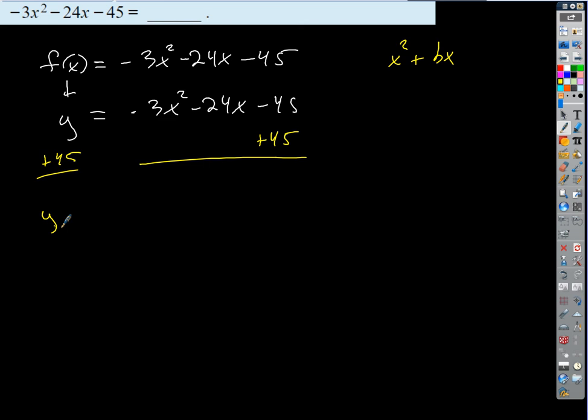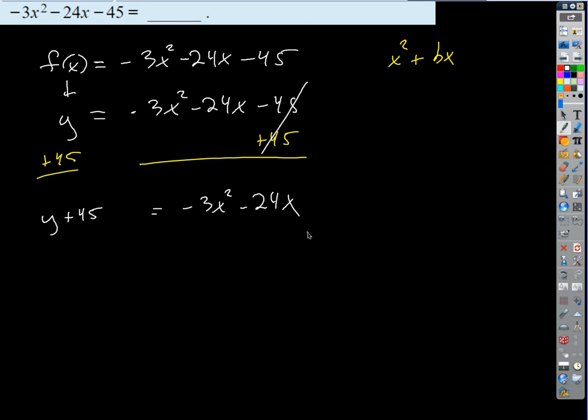So I end up with y plus 45 equals, those cancel, so I get negative 3x squared minus 24x. What else is wrong? Something else doesn't look quite right here. It's got to look like x squared plus bx. That's not x squared. It's negative 3x squared. So what do I have to do? Divide by negative 3.